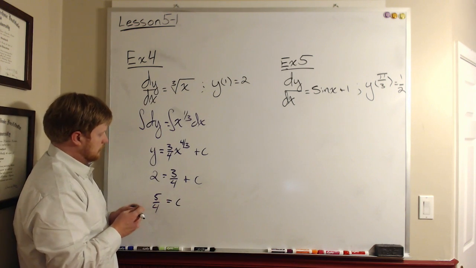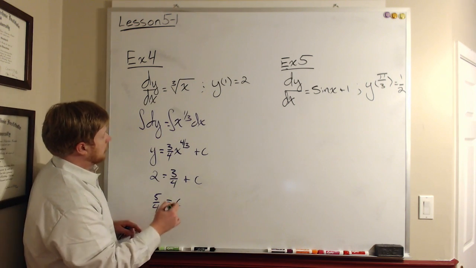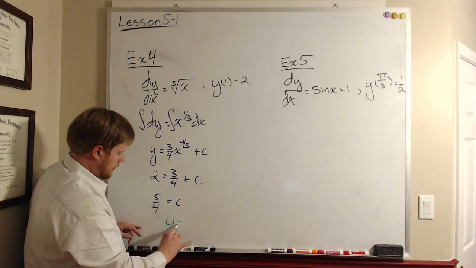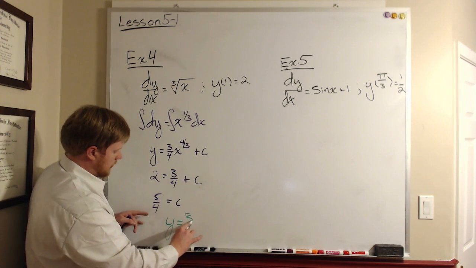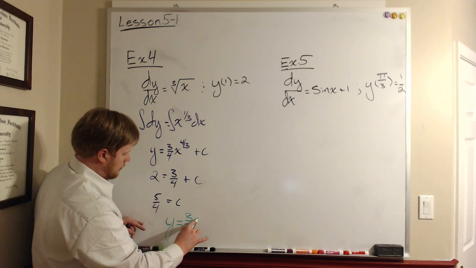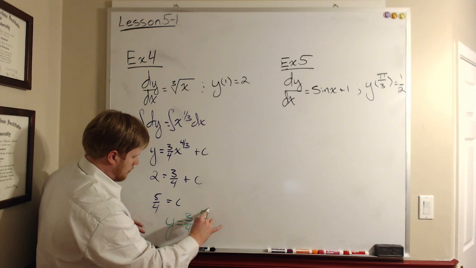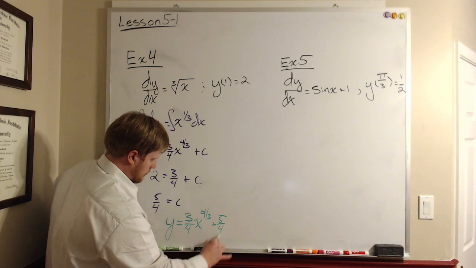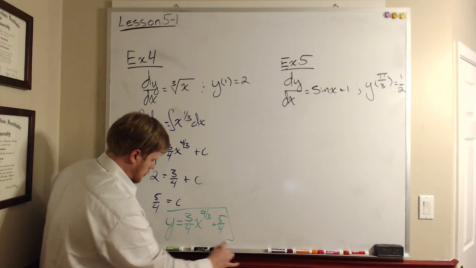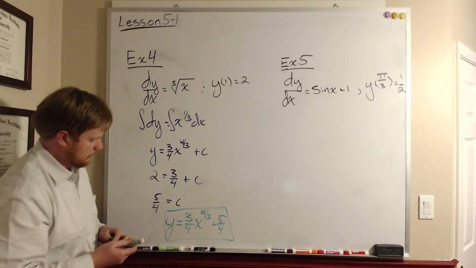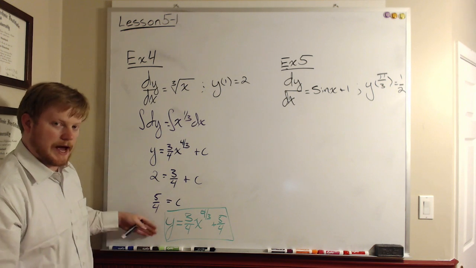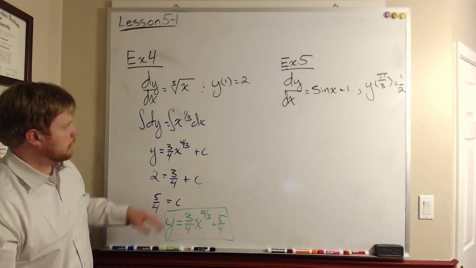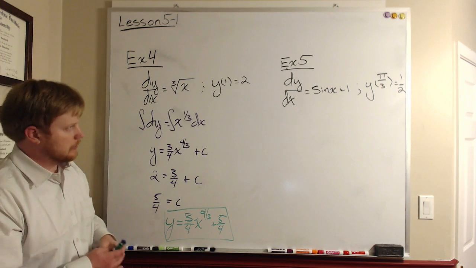So I can solve this initial value problem and say that the original function was y equals 3 over 4 x to the 4/3 plus 5/4. Okay. So I get the full function, the initial function, and it's all based on that initial condition.